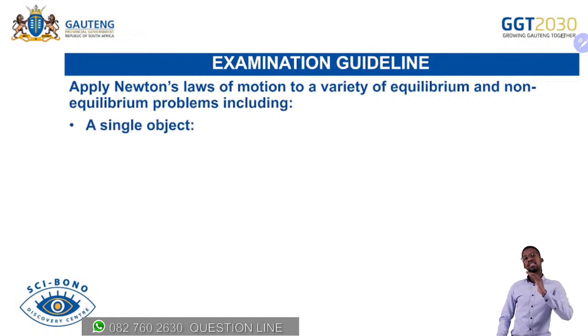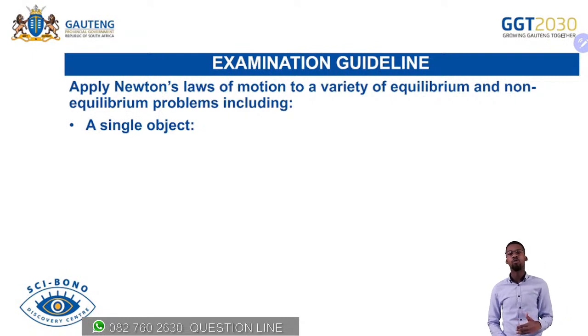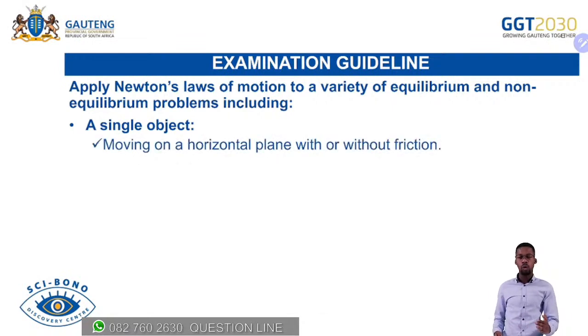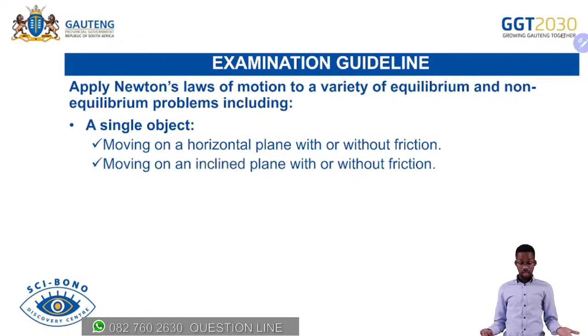So there are scenarios that as a learner you need to familiarize yourself with. In Newton's laws, the examiner will either choose a scenario where we have a single object moving on a horizontal plane, either with friction or without friction, or one object that is moving on an incline. So you need to familiarize yourself with each and every situation.